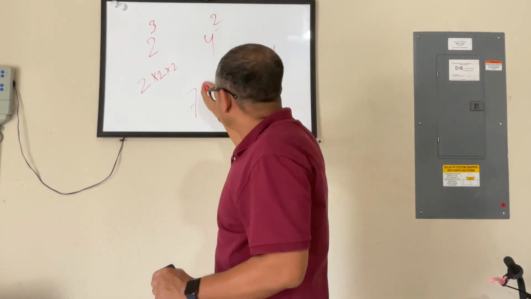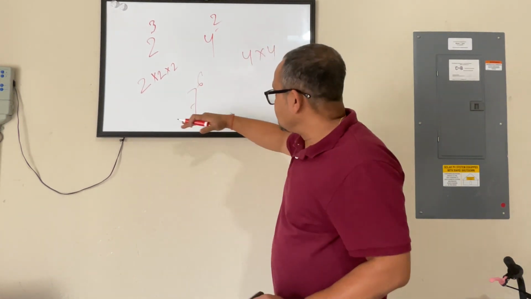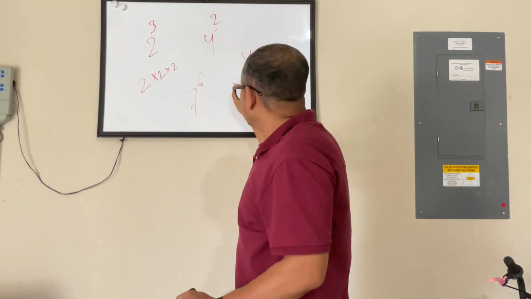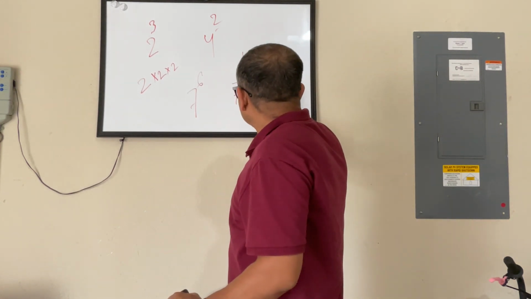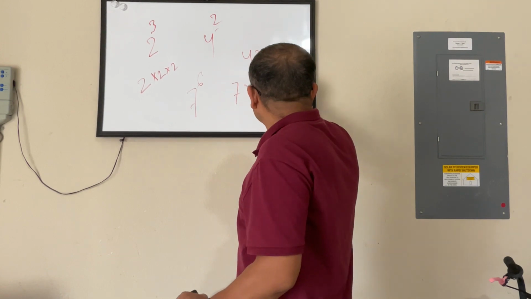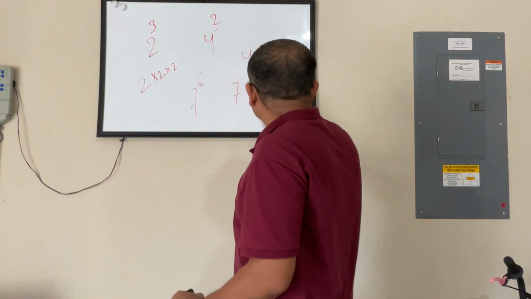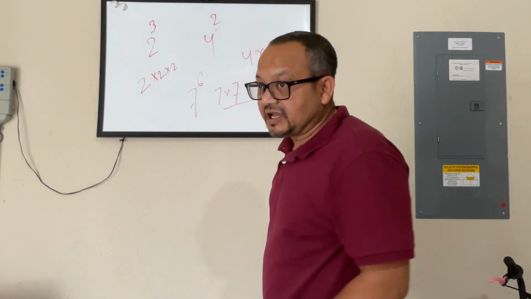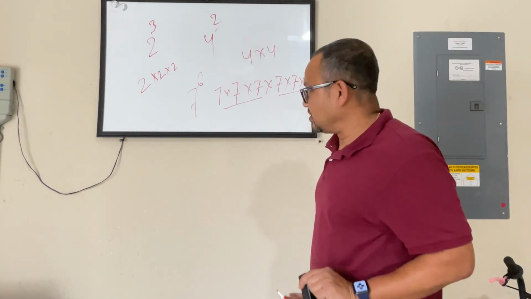If somebody says my base is 7 and the exponent or power is 6, what it means is multiplication of 7, 6 times. That's the basic part.